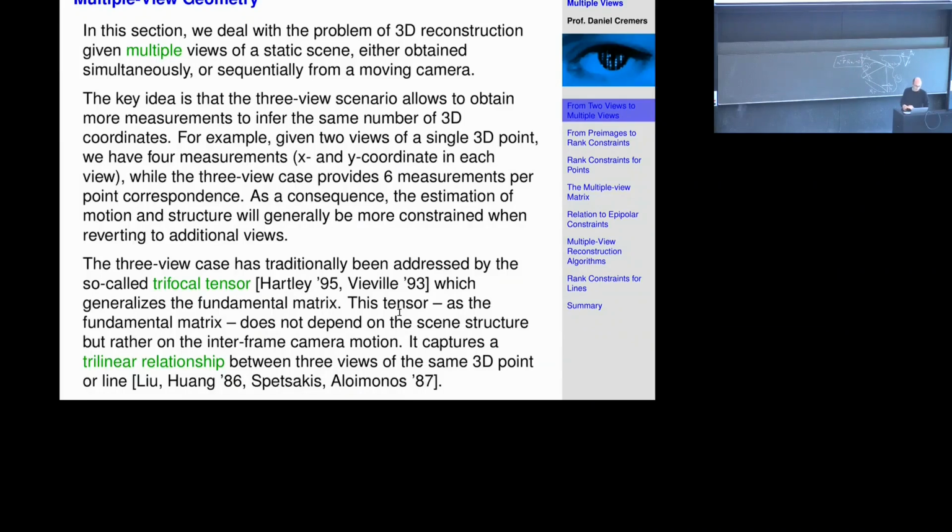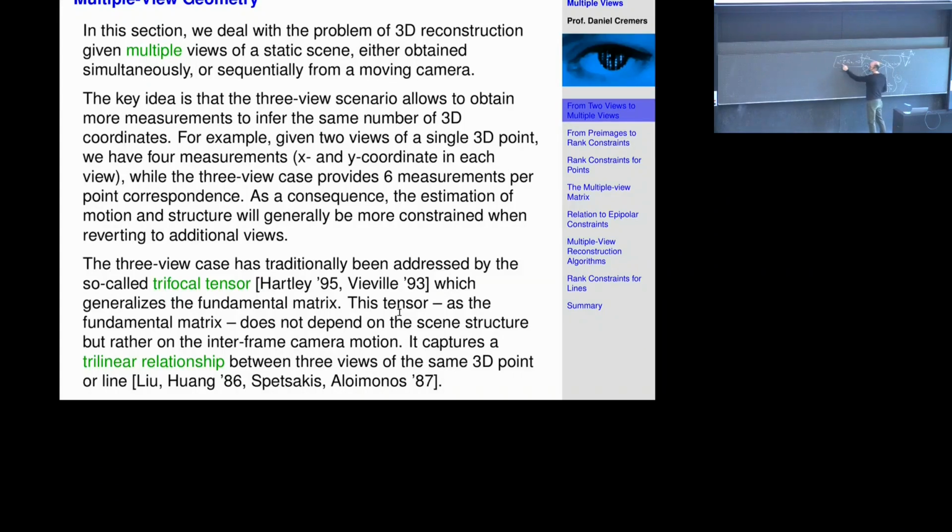And much like the fundamental matrix, the idea is that this tensor that couples them does not depend on the 3D structure, but only on the interframe camera motions between image 1 and image 2, and image 1 and image 3. So I'm going to have multiple rotations and multiple translations to capture these relationships. And whereas this is called a bilinear relationship, why bilinear?